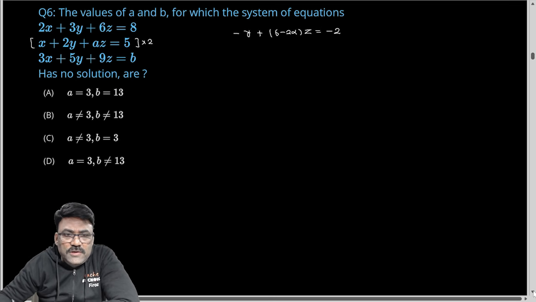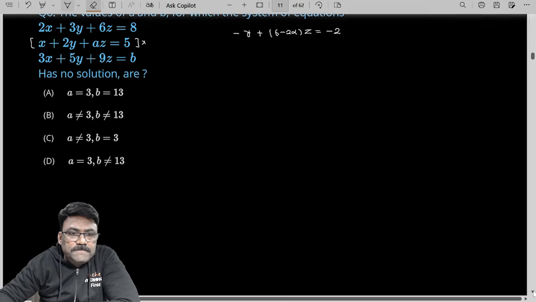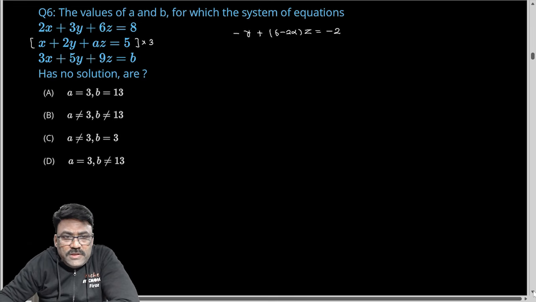Similarly, if I multiply the second equation by 3 and then subtract the third equation from it, second equation multiplied by 3, subtract the third equation. So now 3x disappears. 6y minus 5y is y. Then you are getting 3a minus 9 times z.